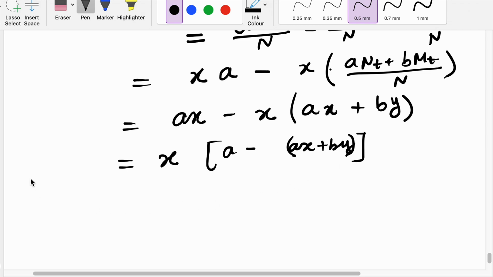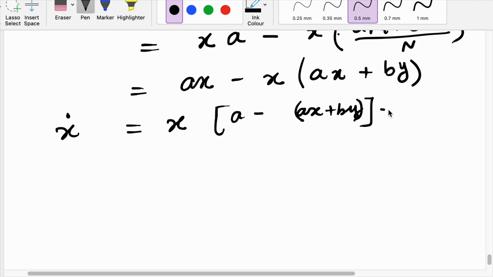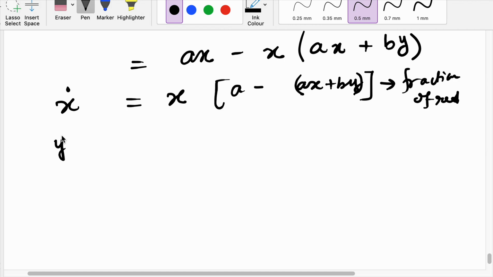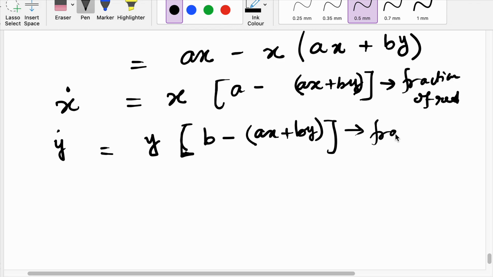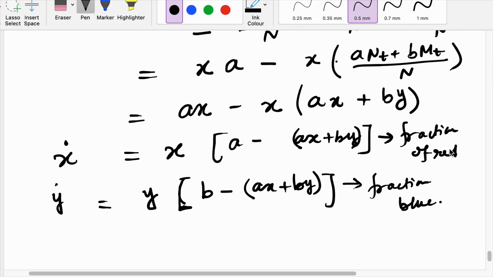So x dot will be this, where x is the fraction of red, and a similar equation you can write for y: y dot equals y times (b minus ax plus by). This is the fraction of blue. Now you find that the reproduction rate decreases slightly. Why does it decrease?